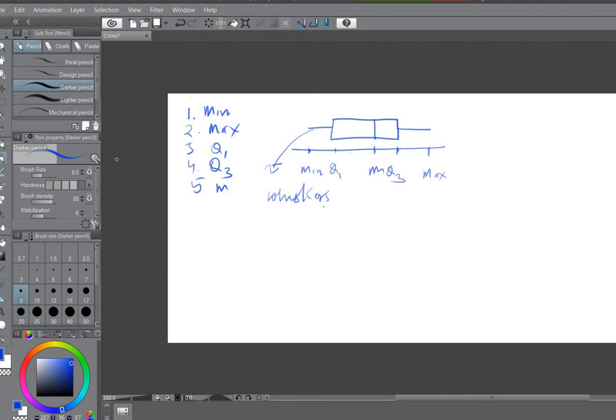So what we are trying to say here is that if you've got a box plot like this, at some point you will have these two gates, these two fences, which I call the lower fence and the upper fence.